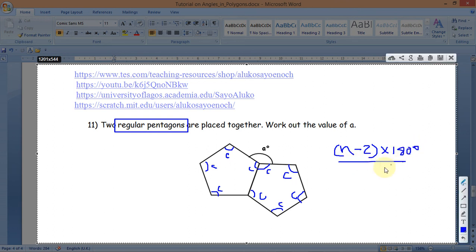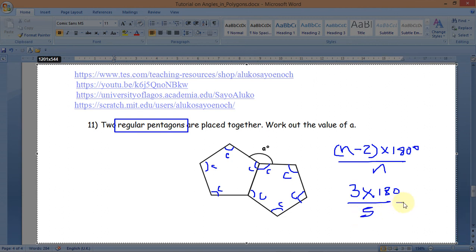This is a pentagon, a 5-sided polygon, so that's 5 minus 2, which is 3. 3 times 180 divided by 5. 3 times 180 is 540, and 540 divided by 5 is 108. So each interior angle of that regular polygon is 108.